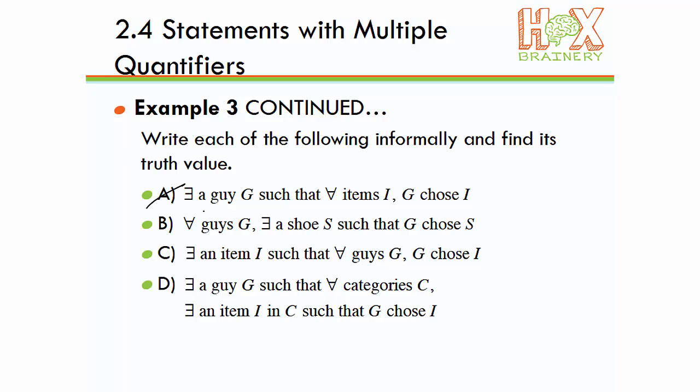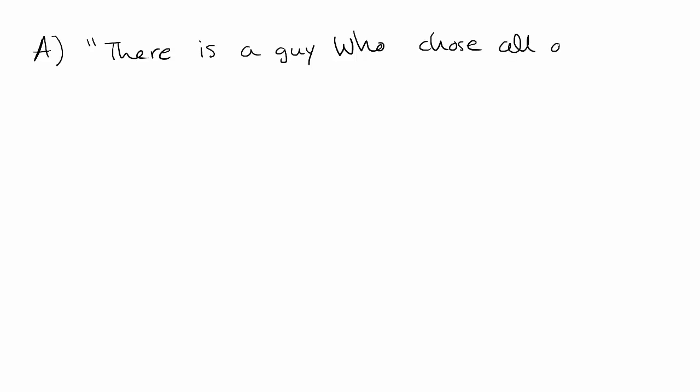So A here says, there exists a guy G such that for all items I, G chose I. So informally, this would be there is a guy who chose every item, all items. I'll say all available items from that list, right?